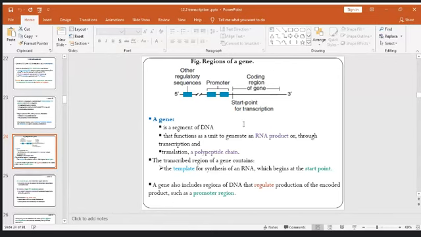Most of the promoters in most DNA sequences are found on the left side of the starting point of the transcription.